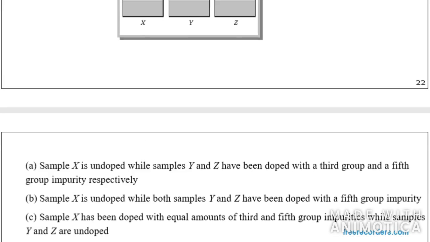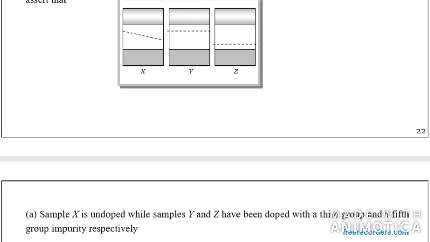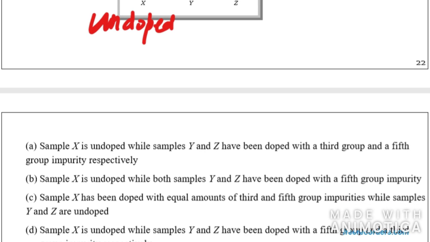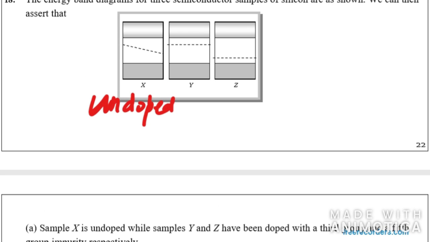Actually, let's check what this is. As sample X is a horizontal sloped line, in this case it is an undoped one. And Y has been doped with the fifth group because the energy level has been shifted to the conduction band.